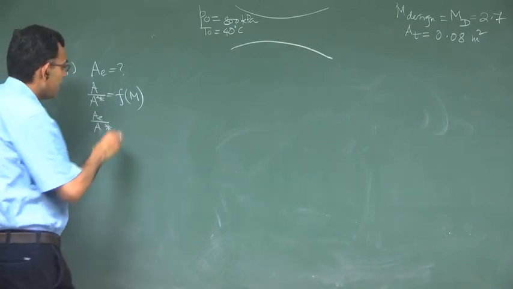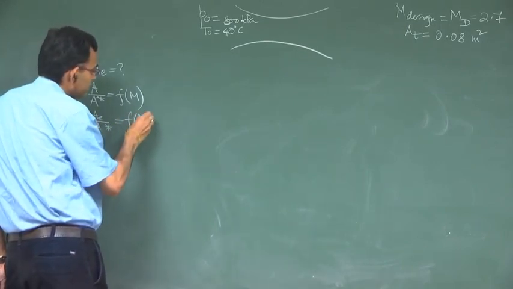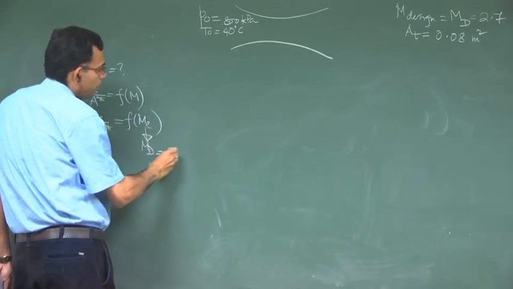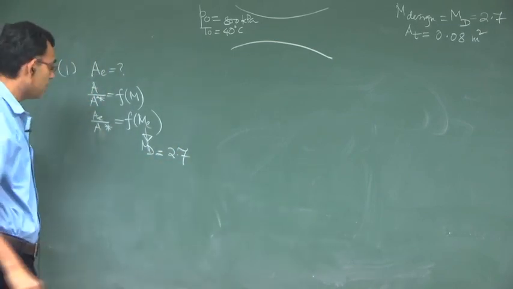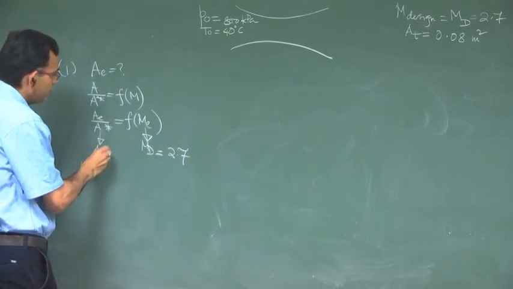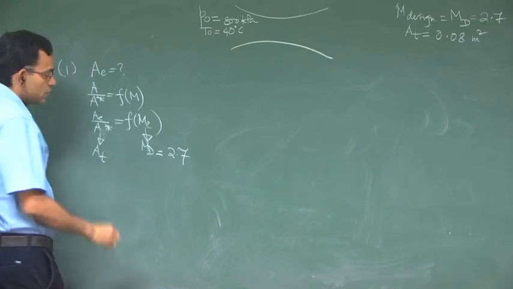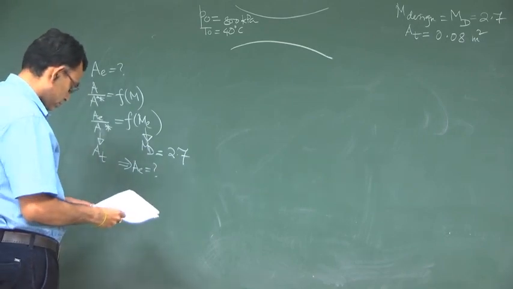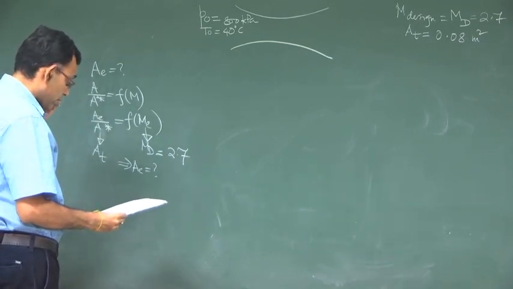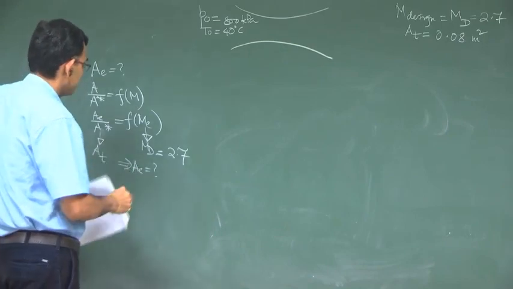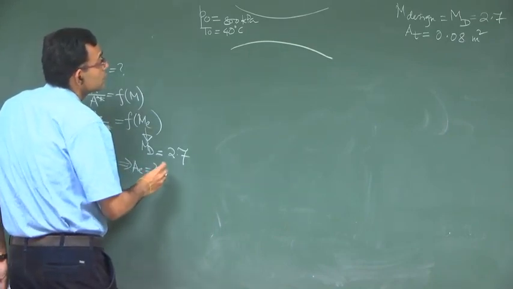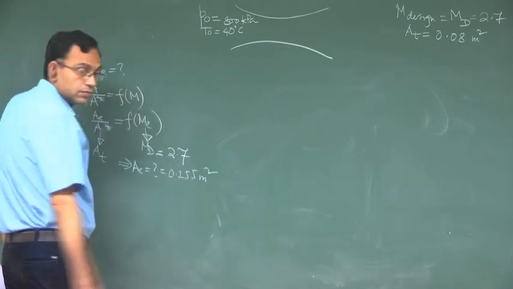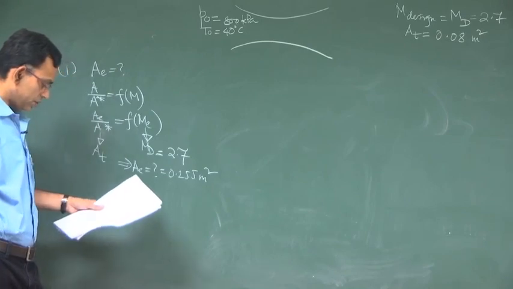So, A by A star is a function of ME, where ME is MD, which is 2.7, right, and A star is A of the throat. So, from here you will get what is AE. So, AE is 0.255 meter square.